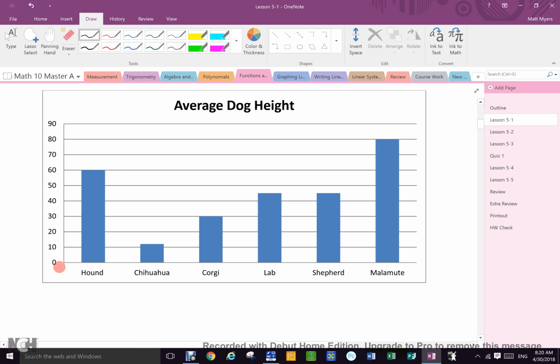Every bar is a set and it's the entire graph together? No. The sets are here and here. The yellow and the blue. The relation is when I compare the two.